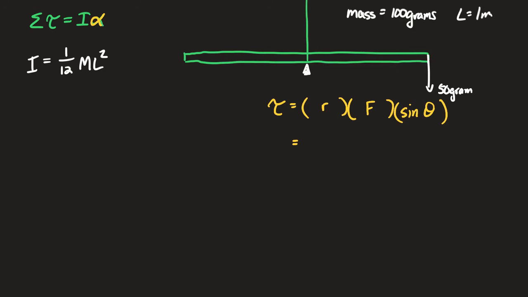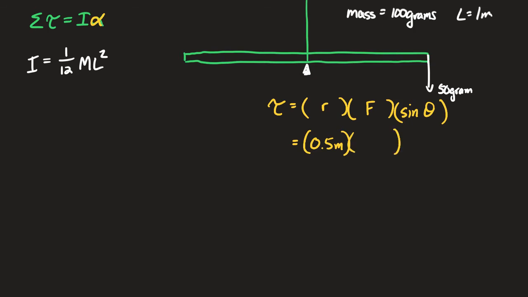If we place the 50-gram mass at the end, what is our torque arm length? Let's do it all in meters and kilograms. So 0.5 meters, good for all of you? Excellent. Now the force applied is the weight that was put at the end. That's going to be mg.